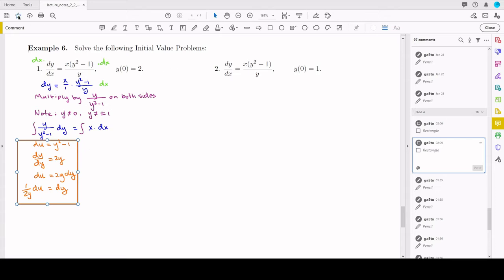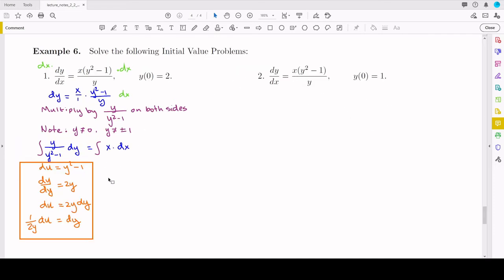Use that over here, and our integral on the left becomes the integral of y over u, and then our dy is going to be 1 over 2y du.